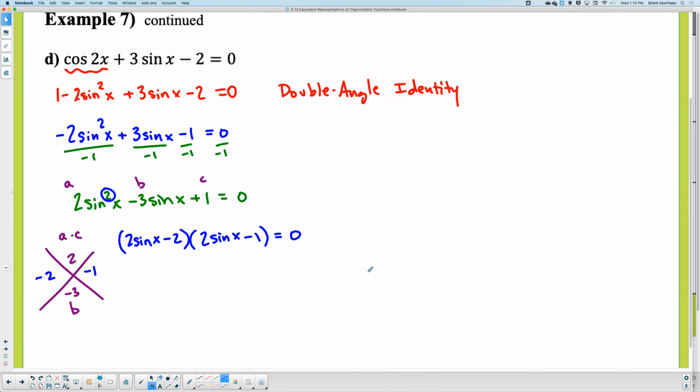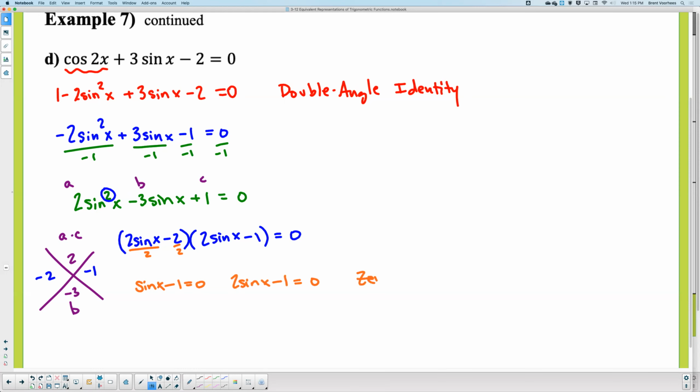Now, right now, this is not truthfully simplified correctly, because if you multiply it out, it would be 4 sine squared. Now, if you solve it, though, you'll still get the right answer. What should happen here is both of these get divided by 2. That takes care of writing this 2 twice. That would simplify out. So really, according to the zero product property, I'm going to be solving sine x minus 1 equals 0, and 2 sine x minus 1 equals 0.